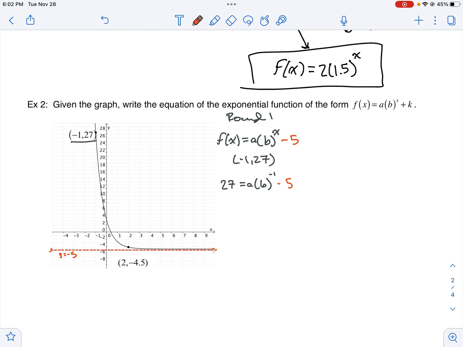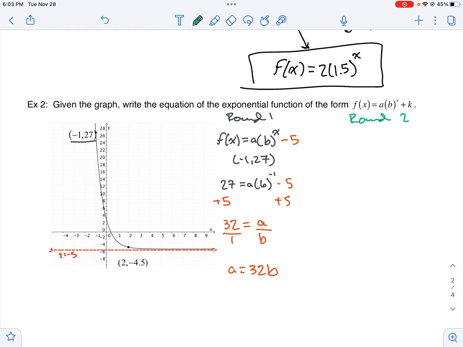To get rid of that -5, I'm just going to add 5 to both sides. And then b to the -1 is really just, it moves to the denominator as b to the +1. Kind of like a proportion you can cross multiply. So I got a equals 32b. It's not ideal, but we can still operate with it, as we'll see here in just a second.